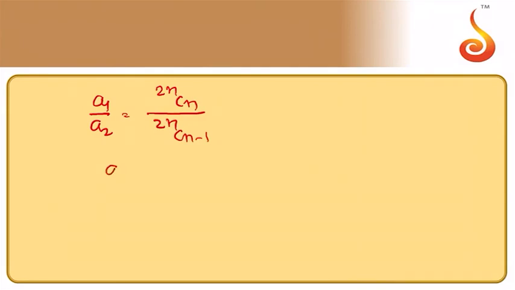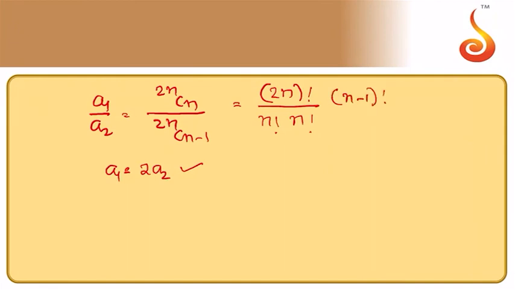Now we will calculate A1 by A2. A1 we got 2n Cn, A2 we got 2n C n minus 1. From this we get A1 is equal to 2A2.